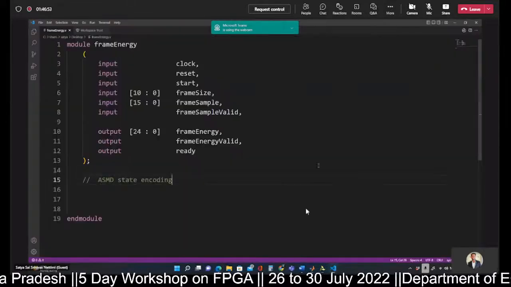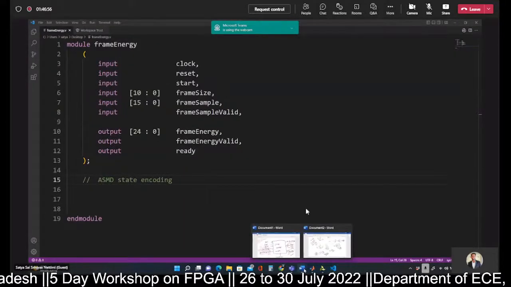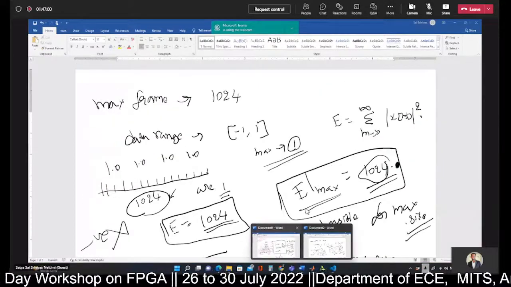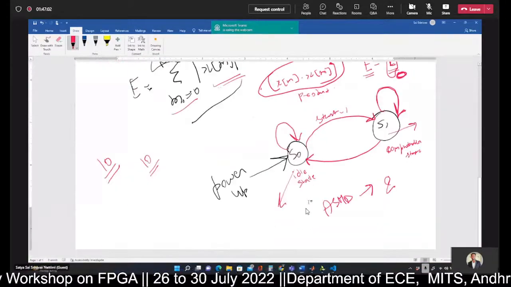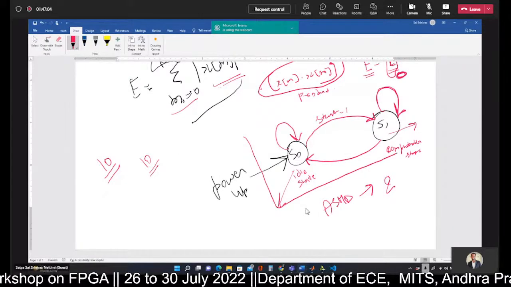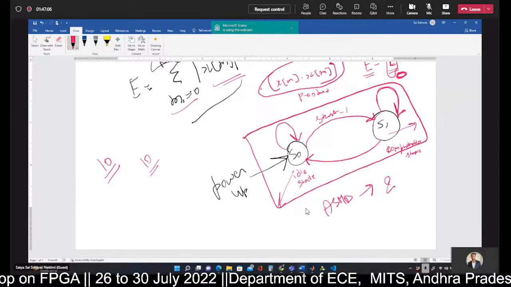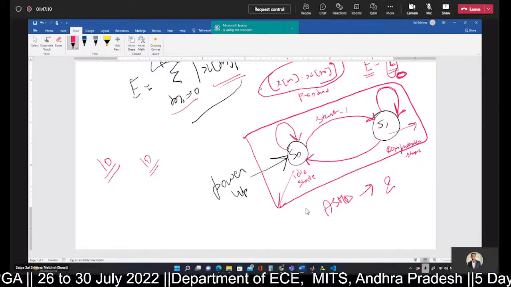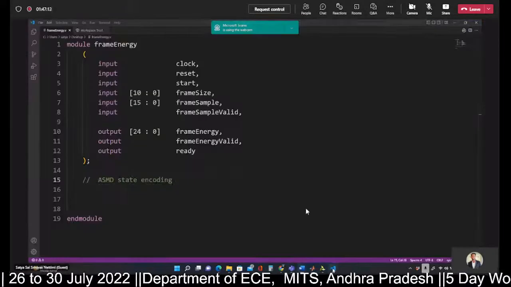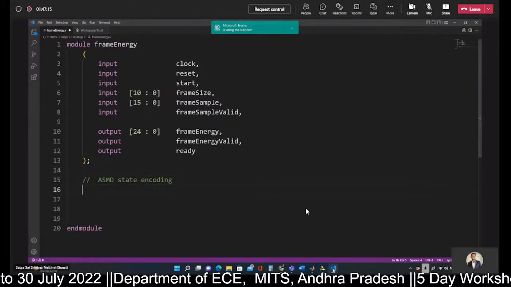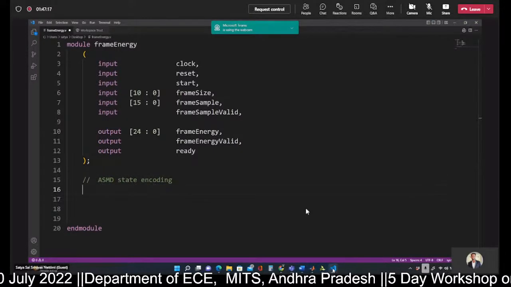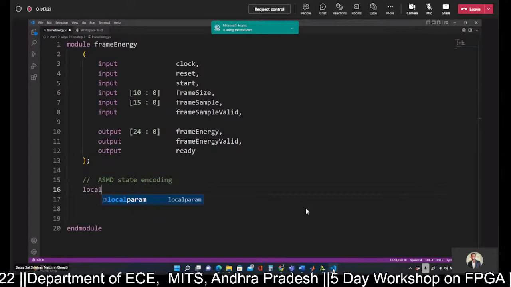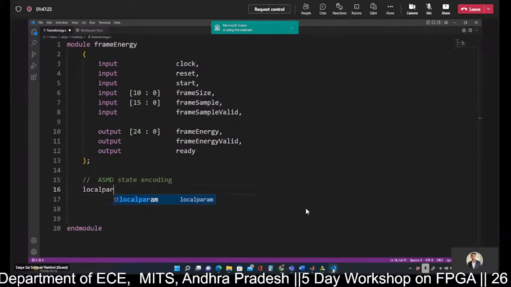So in our frame energy, I told you we will use a two-state ASM in order to model our circuit. How to do state encoding in this case? There is a keyword called localparam.